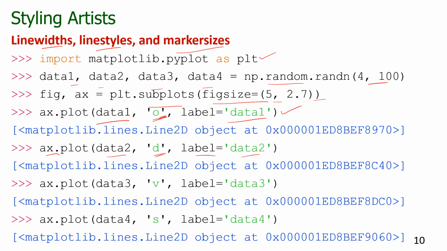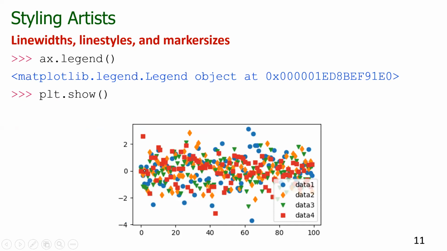Here O means oval, D means diamond. Then ax.plot of data 3 with V, label equal to data 3. This is triangle type. Then ax.plot of data 4 equal to S, label equal to data 4. This is square type. Okay, four types of plots are defined here.